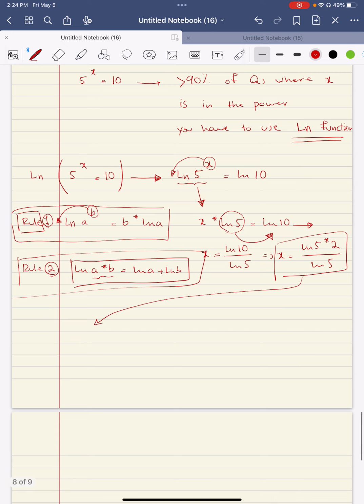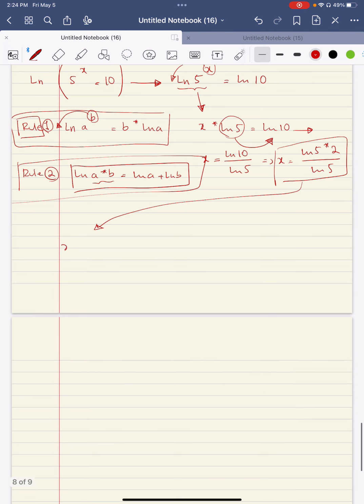So let's write down what we have again. x equals ln of 5 times 2 over ln 5. So using the above, your x would be ln 5 plus ln 2 over ln 5, right?